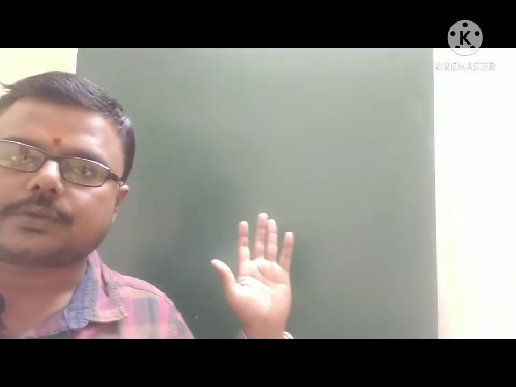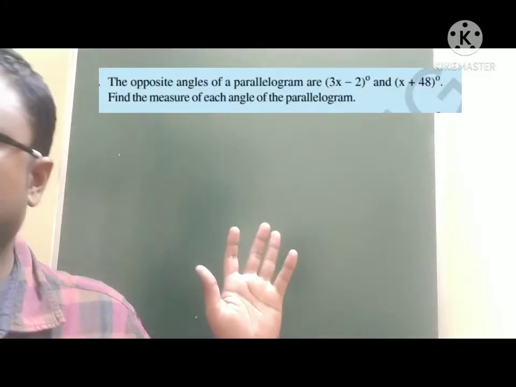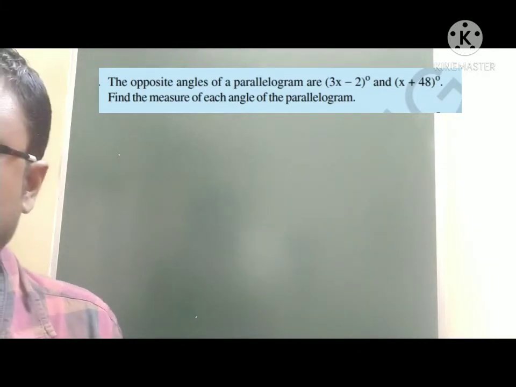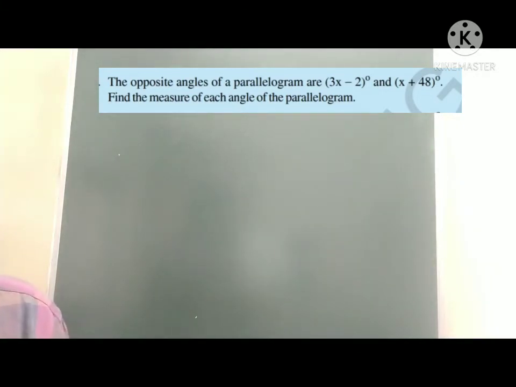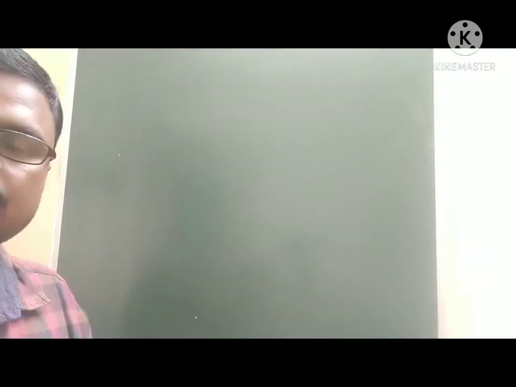So today's first question: the opposite angles of a parallelogram are 3x minus 2 and x plus 48 degrees. Find the measure of each angle of the parallelogram. Okay, so let me draw the rough diagram.